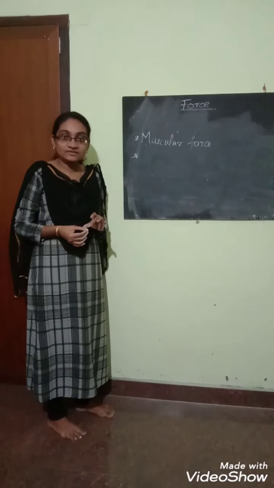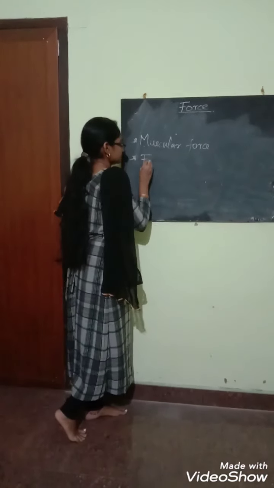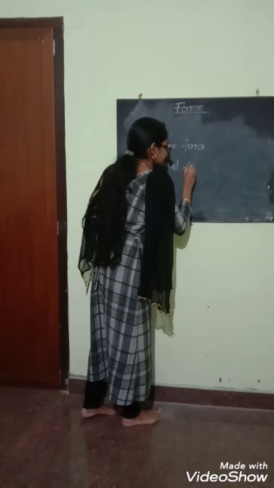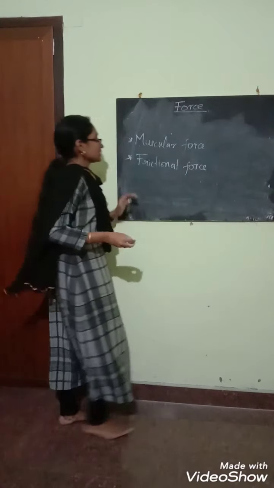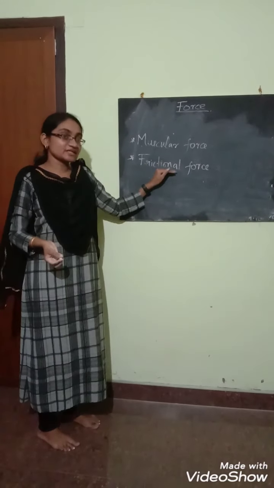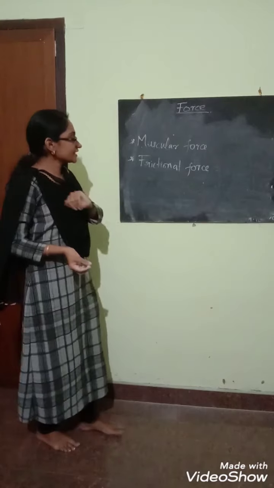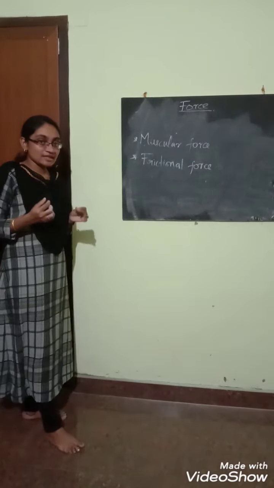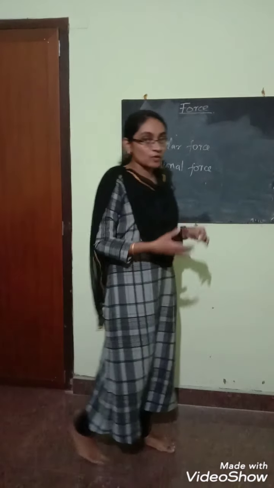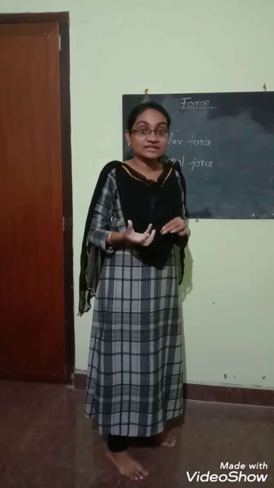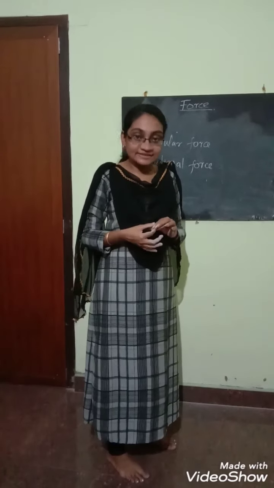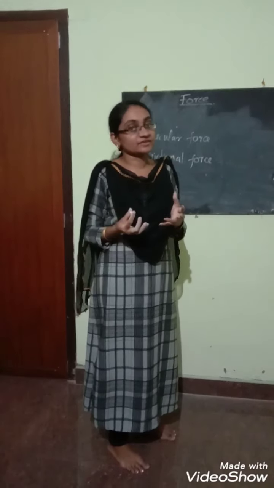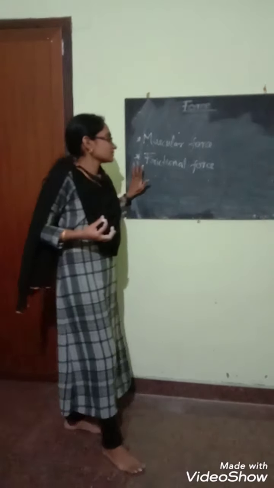The next one is frictional force. What is this frictional force? We can consider an example. We all wear chappals, and when we walk on the road, our chappals get torn and worn. In a similar way, the tires of our vehicles also get torn and worn. Who causes this wear and tear?